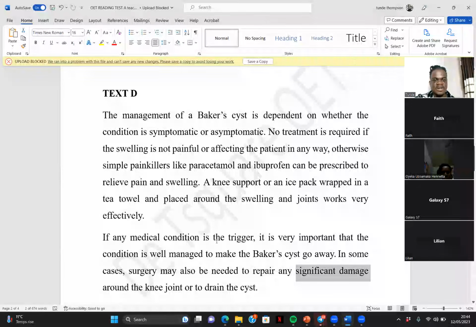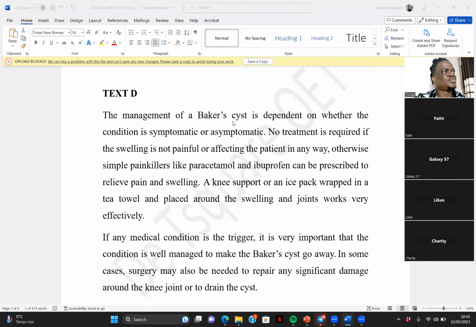If any medical condition is the trigger, it is very important that the condition is well managed to make the Baker's cyst go away. In some cases, surgery may also be needed to repair any significant damage around the knee joint or drain the cyst. So the answer here will be surgery. Surgery might be needed to do that.